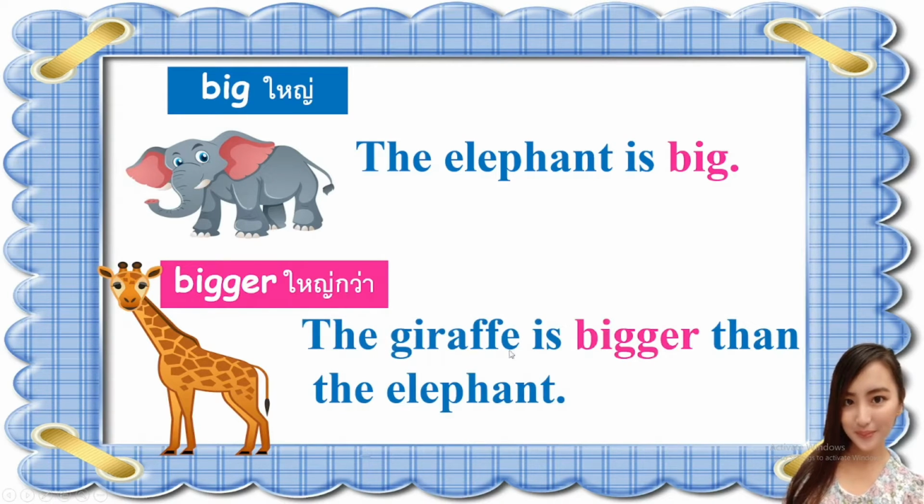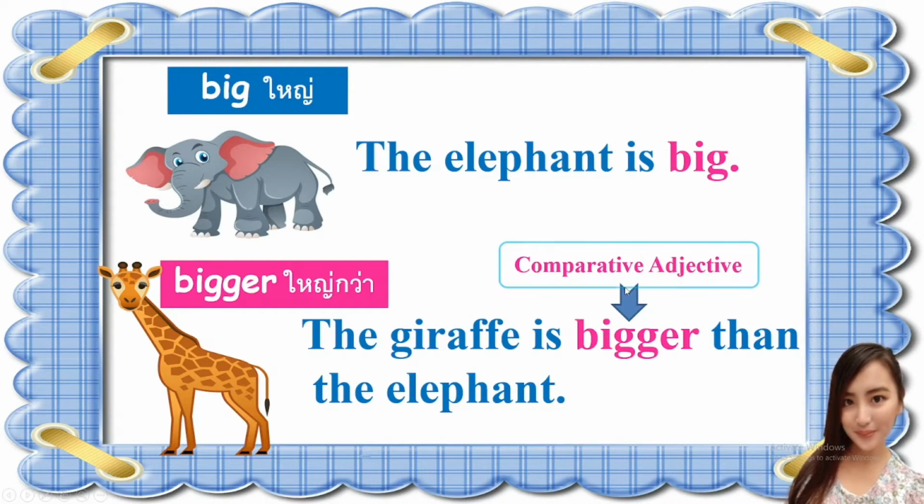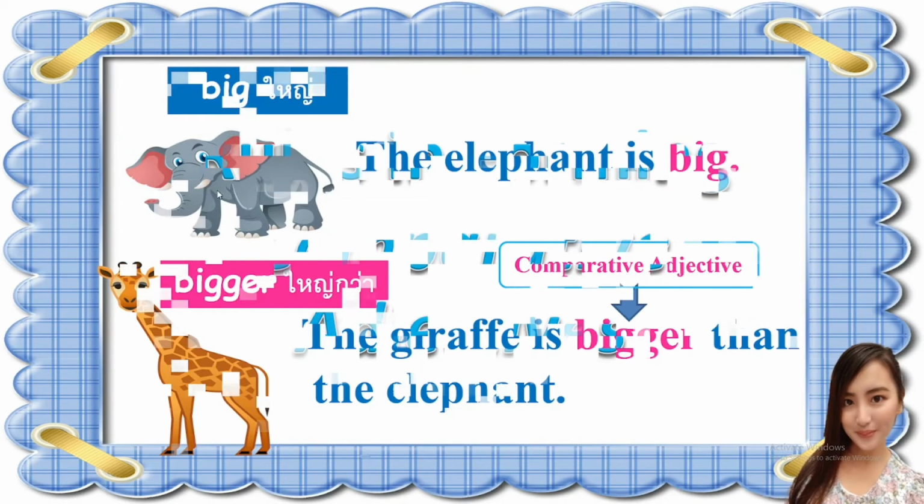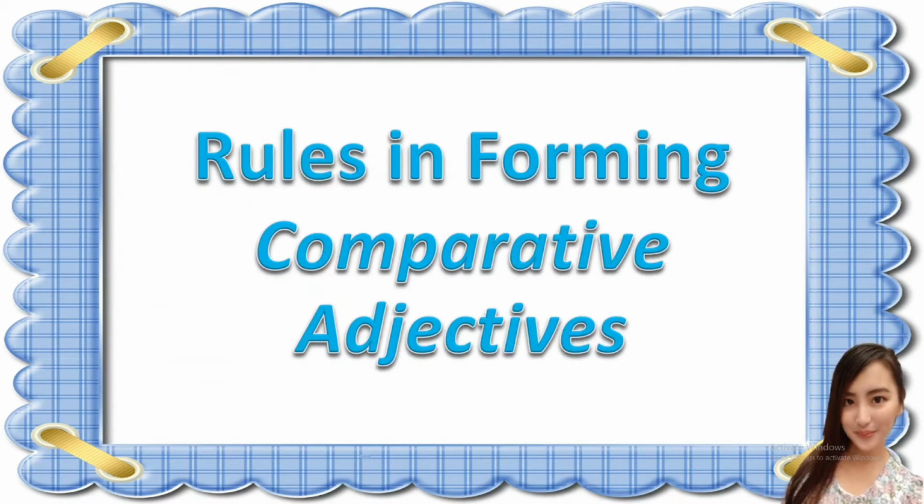The giraffe is bigger than the elephant. And bigger is a comparative adjective that is used to compare giraffe and elephant. I hope you understand the uses of comparative adjectives.